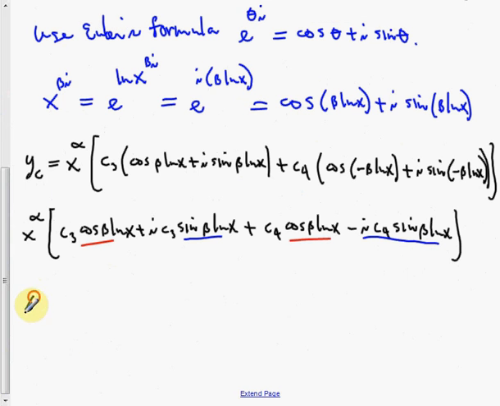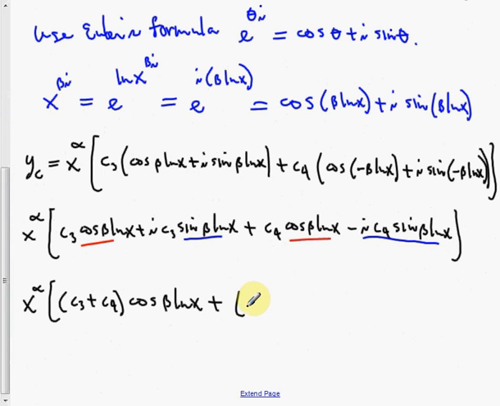So this is x to the alpha. I'm going to get the cosines together. So this is parentheses c sub 3 plus c sub 4 times that cosine beta natural log of x, and plus I'm going to get the sines together.